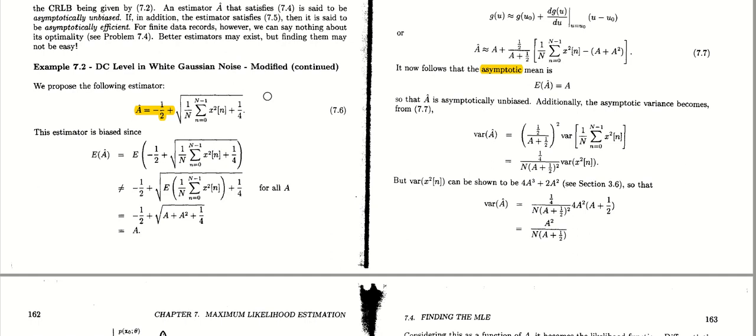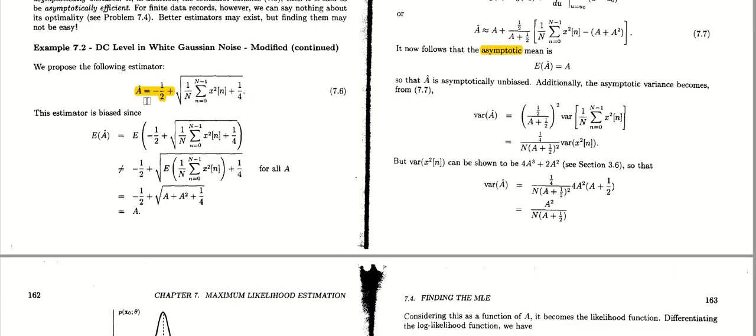So we take a look at this. At the beginning, we say we are given a function of data, and then we don't know about it. We don't know what happens for this a hat.